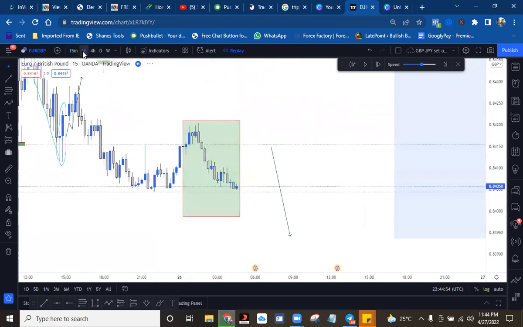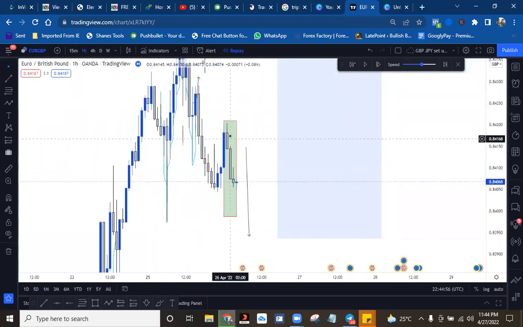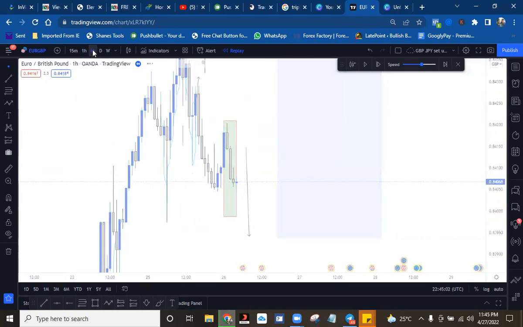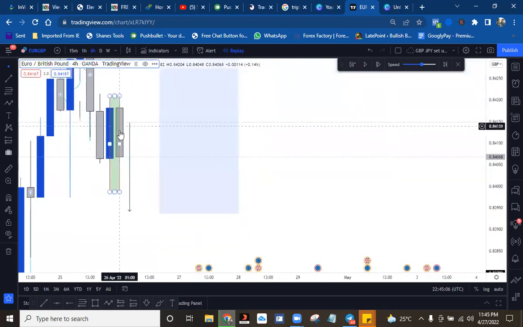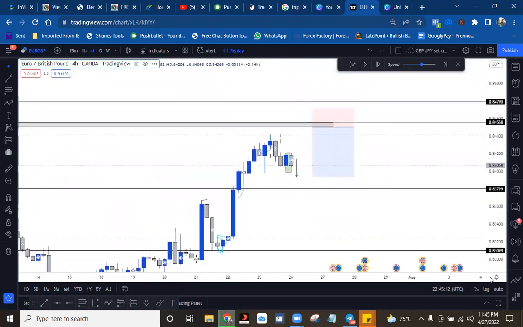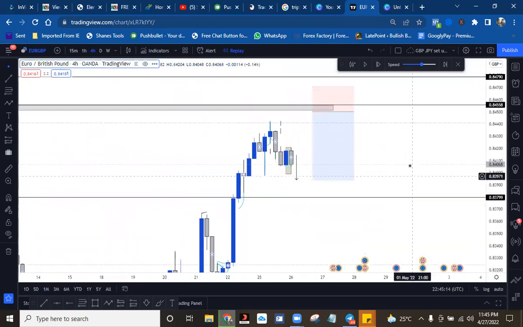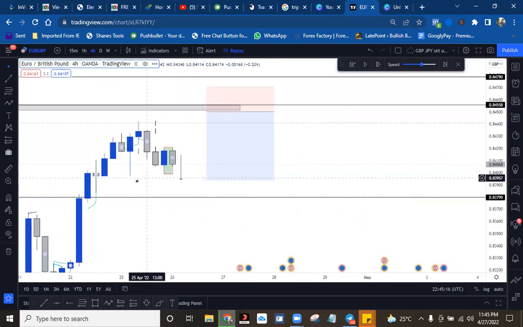If we go to 1 hour, let's see what candlestick we're going to see. You can see a bearish candlestick. Let's go to 4 hours. We're going to see a bearish candlestick, which is this. You see? All right. So I believe you should be able to understand the logic behind the candlesticks and how they relate with time frames.